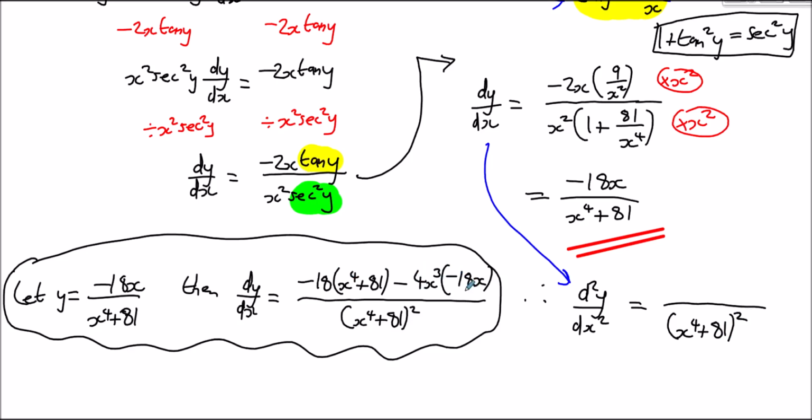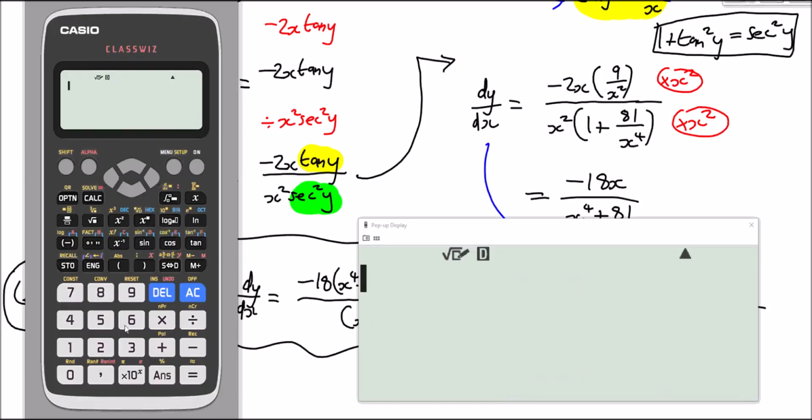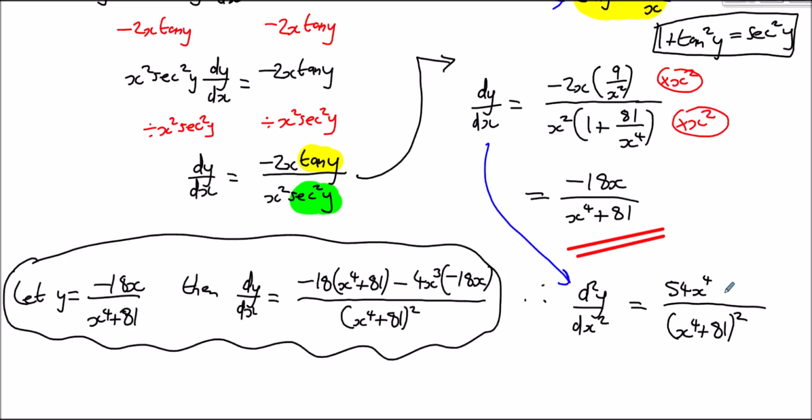So 72x to the 4 here, minus 18x to the 4, that gives 54x to the power 4, and the number is going to be minus 18 multiplied by 81. So minus 18 times 81 gives us minus 1,458.